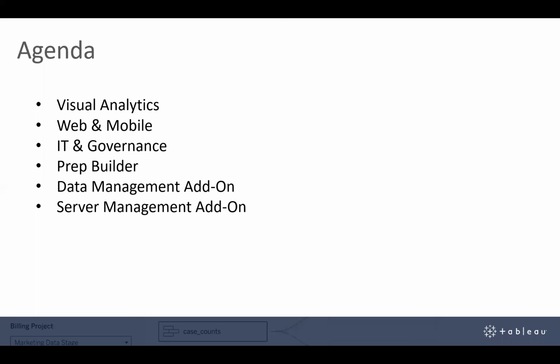What I will be talking about today are those features that are within visual analytics, web and mobile, new features for IT and governance, features for Prep Builder, then data management, and then server management add-on. The very first thing I'll be talking about will be relationships, since that is probably the biggest thing since version 1.0 of Tableau and how you connect to data.